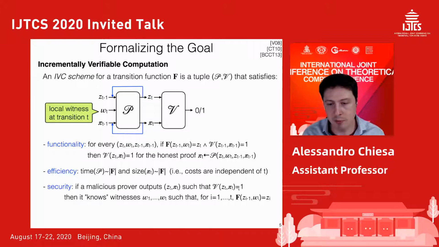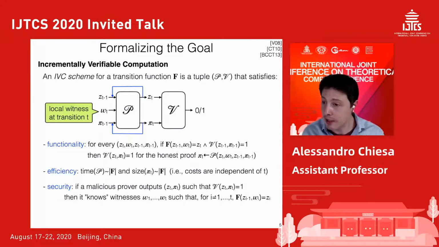Now, from a security standpoint, of course, we also want some security. Intuitively, what you want to achieve is that if somebody gives me a claimed output and a claimed proof, and the IVC verifier accepts, then we want a security guarantee that there are local witnesses in the past that at every time step produce Z1, Z2, Z3, Z4, all the way up to ZT correctly according to f.